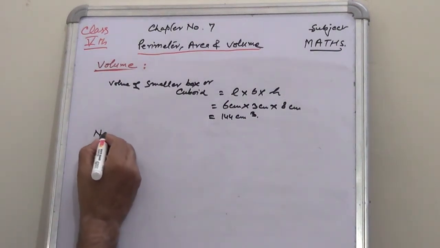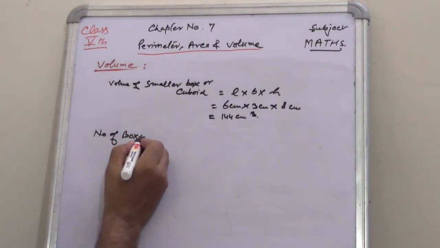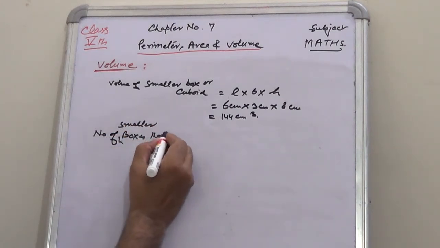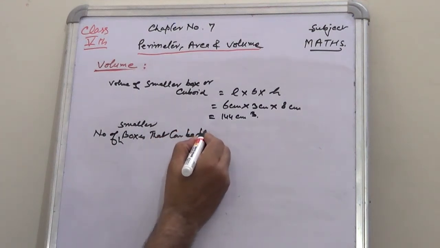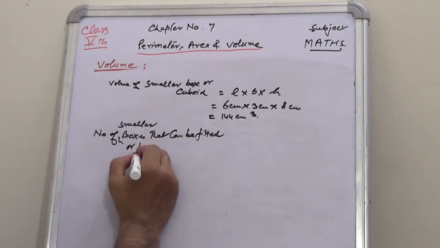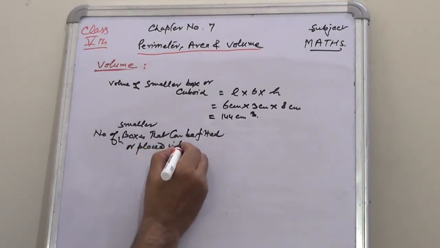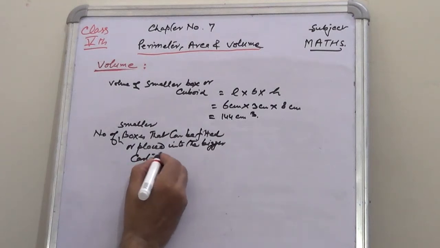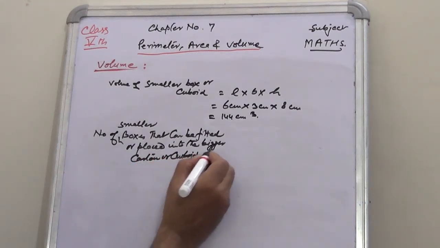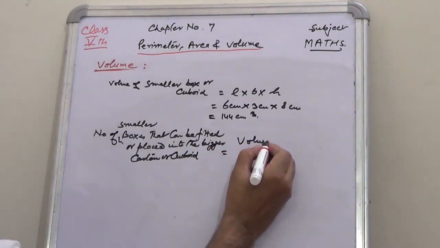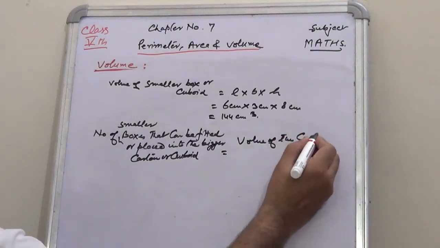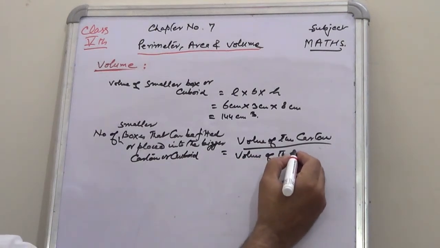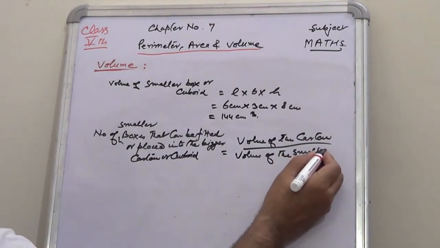Therefore, the number of smaller boxes that can be fitted or placed into the bigger carton is equal to the volume of the carton upon the volume of the smaller box.